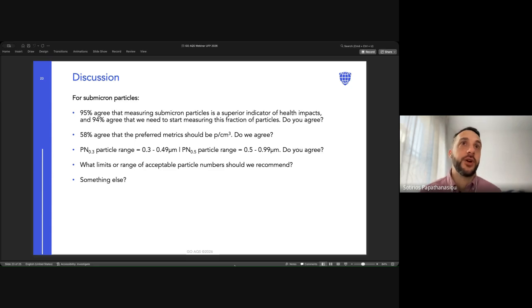And the most important question for me: when it comes to the limit of the range of acceptable particle number, what should we recommend to the public? I think we should start taking measurements in different environments and see what we can recommend based on the measurements and comparing against each other. But I need your support on that. You will have to provide us with that kind of information at some point.